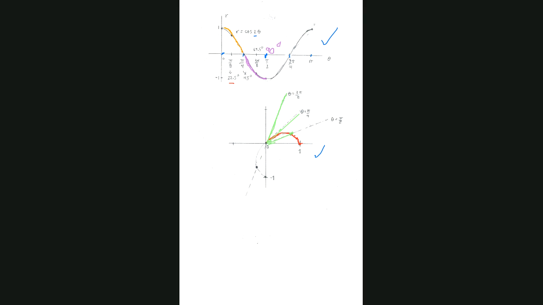However, at 67.5 degrees, the radius, that point there, is negative. As a matter of fact, the radius is going to equal negative square root of 2 over 2.